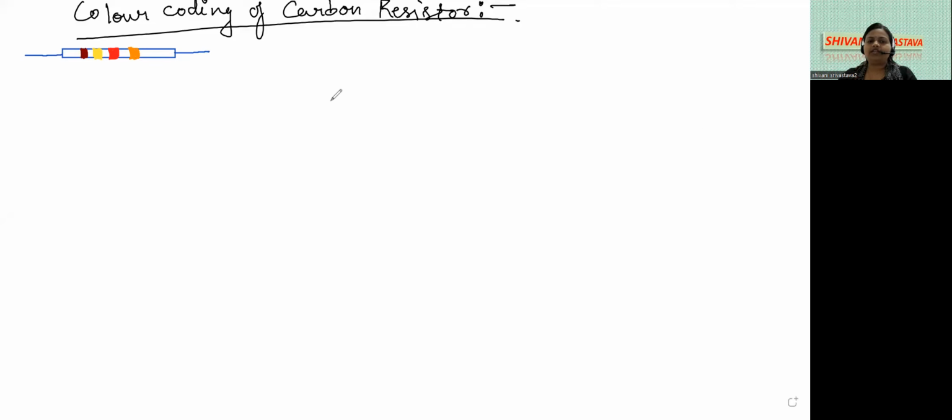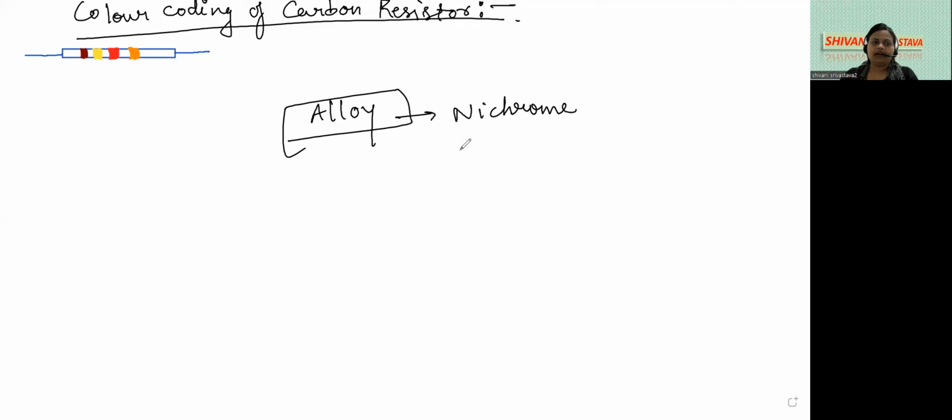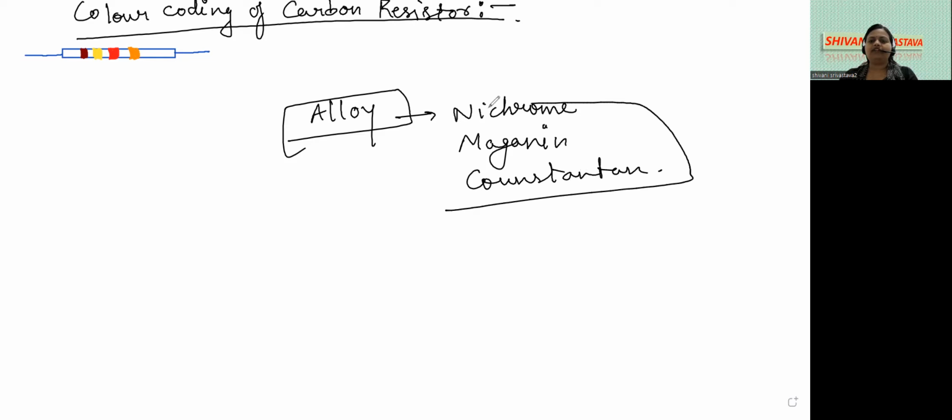In place of that, we use an alloy. We can use nichrome, manganese and constantan. These we use for making the resistors.